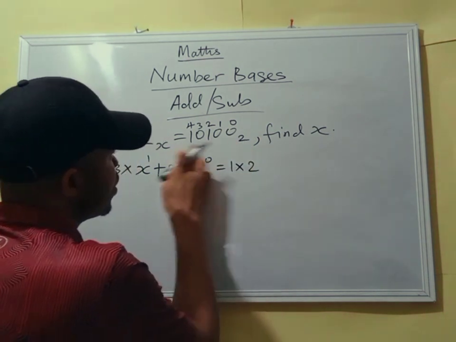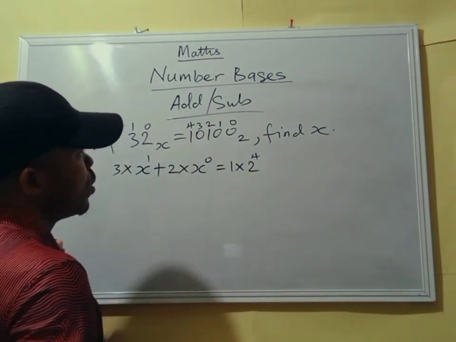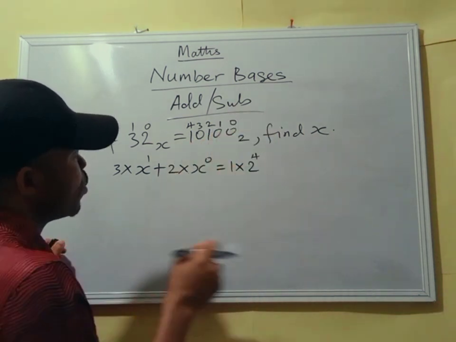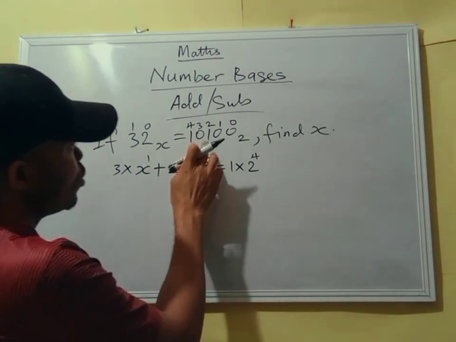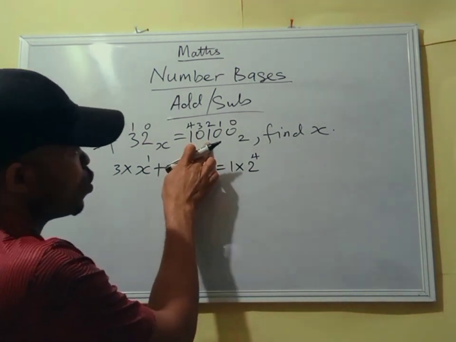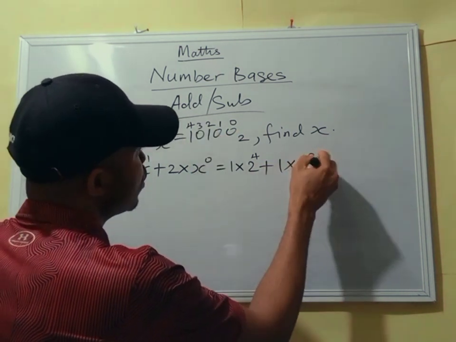It's always the digit times the base, raised to the power that was there on the digit. Wherever you have zeros, just abandon it, because everything we multiply by 0 will give you 0. Just take the next significant digit, which is 1, so plus 1 times 2 to the power 2.